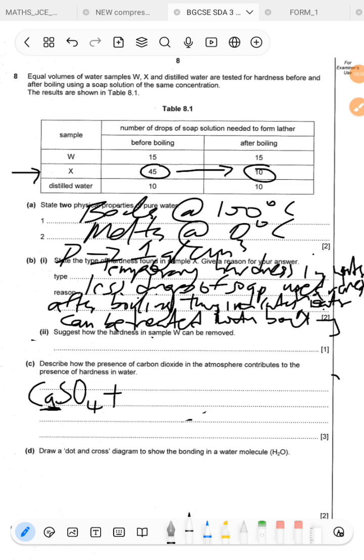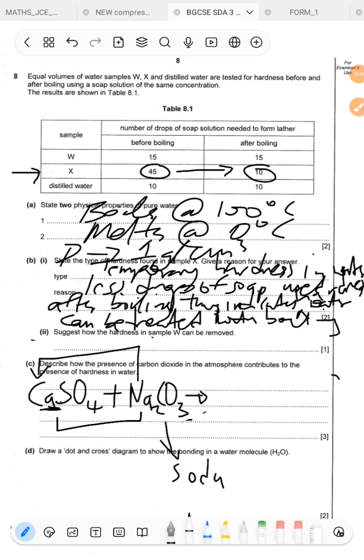So something like sodium carbonate, which is your washing soda. When you react washing soda with calcium sulfate, you are going to get a double displacement reaction.